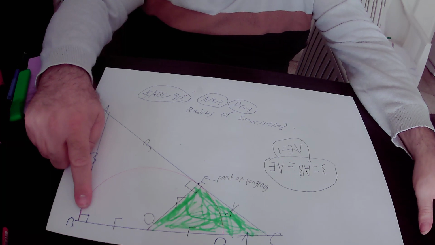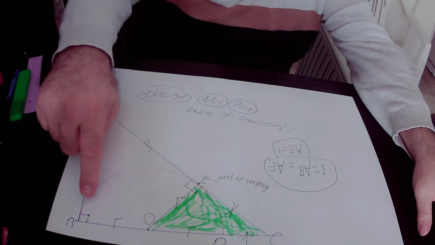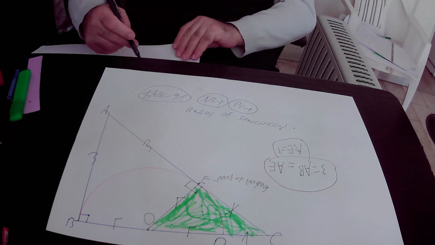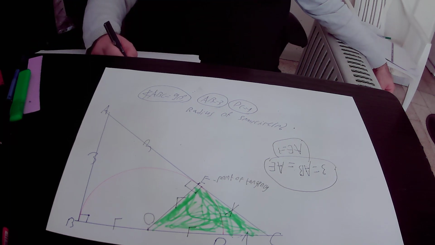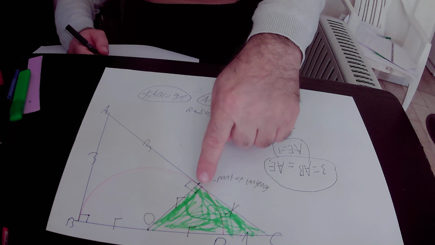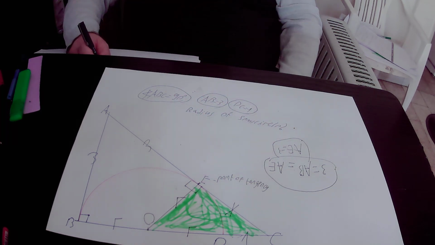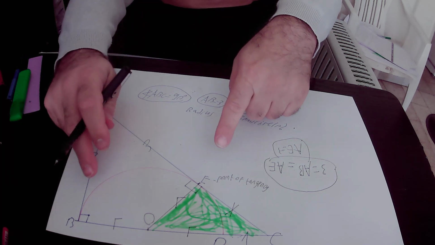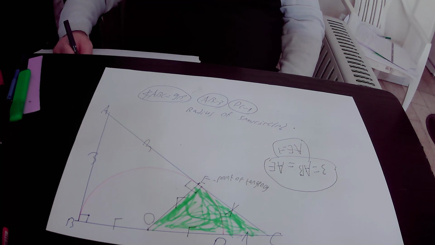So we can write down that angle ABC in triangle ABC equals angle OEC in the green triangle, triangle OEC. And both angles are right angles, that is to say they are equal to 90 degrees.